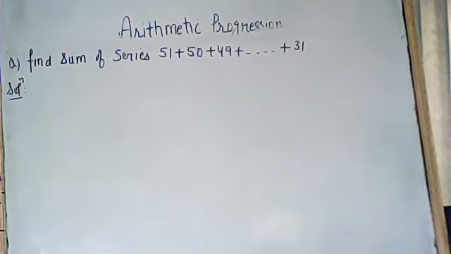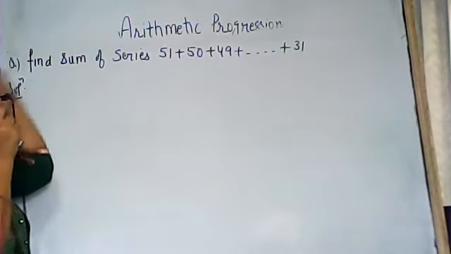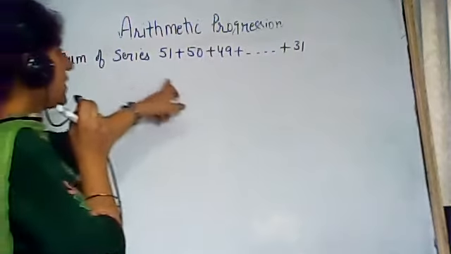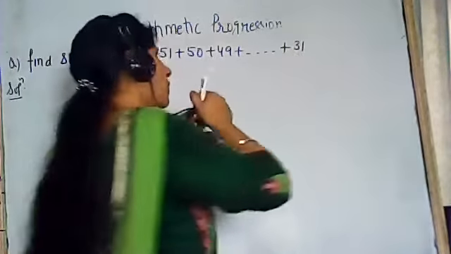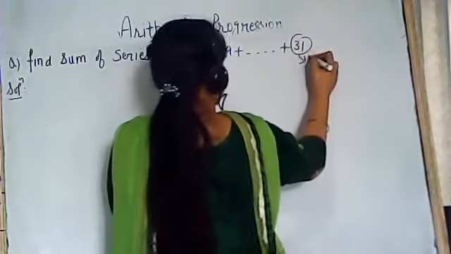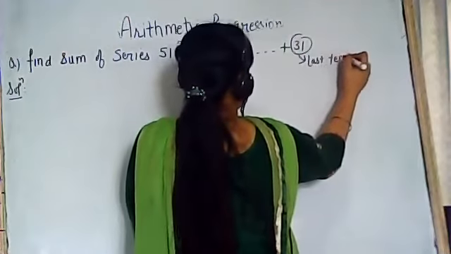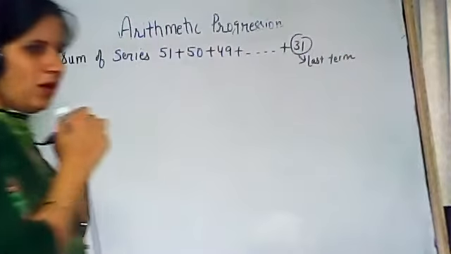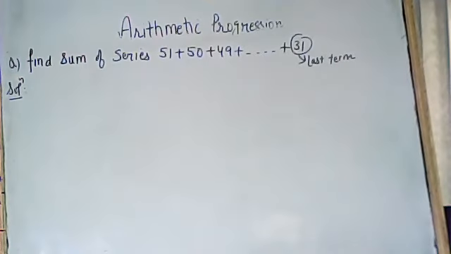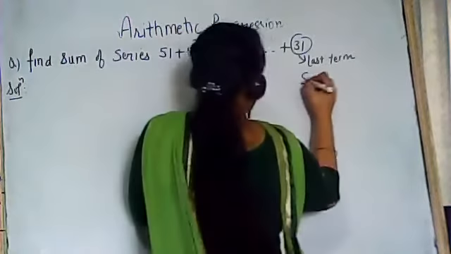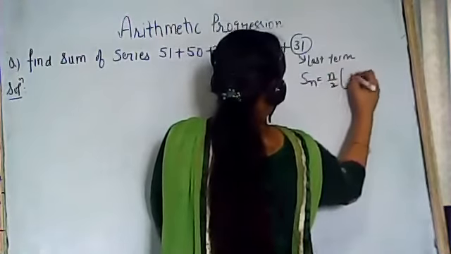Now beta, first of all, what is the distinction between this example and the last one? In this case, the last term is also given. The last term of this series is already available. It means we shall apply this formula to calculate the sum.